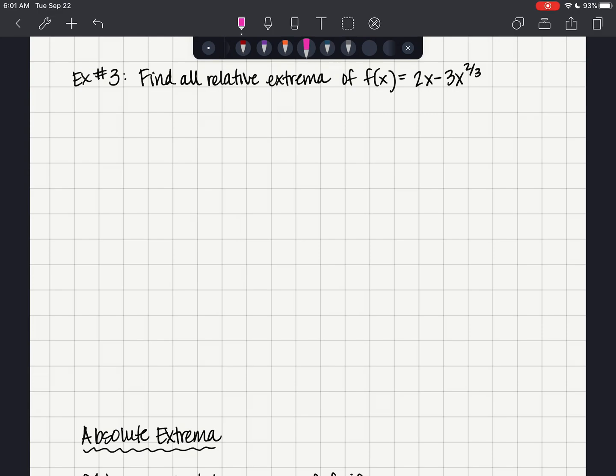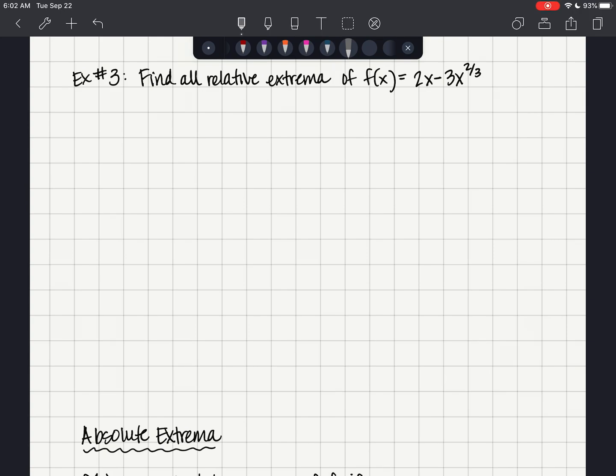Okay, find all the relative extrema of f of x equals 2x minus 3x to the 2/3. This right here is going to have some restrictions on our derivative potentially.